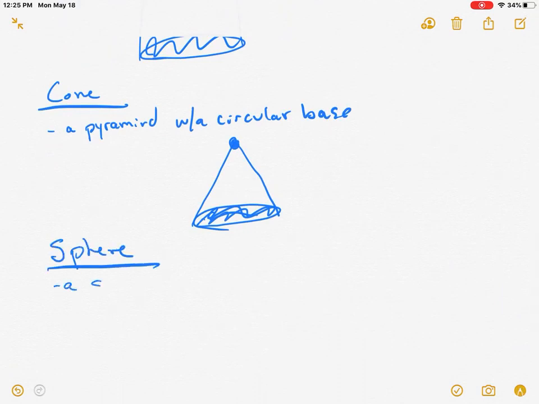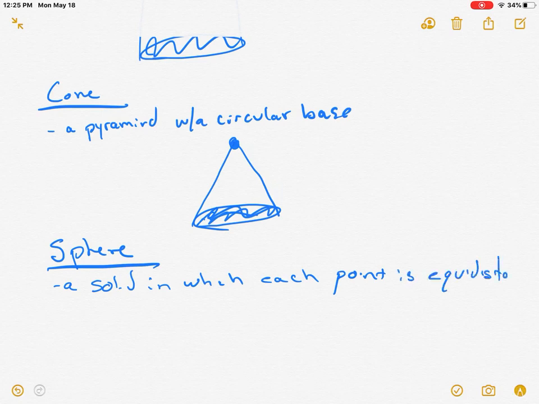This is a solid in which each point is equidistant from a center point. Okay, so think of a sphere as a three-dimensional circle almost.